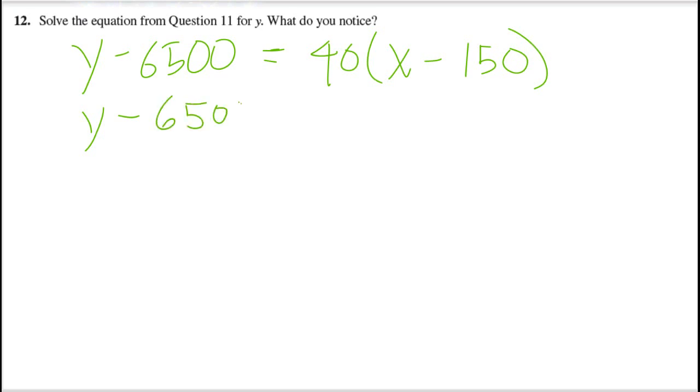So in simplest form, we get rid of the parentheses. To do that, I multiply 40 times x. But then I also have to multiply 40 times 150. You should be recognizing some numbers at this point. Solve now for y.